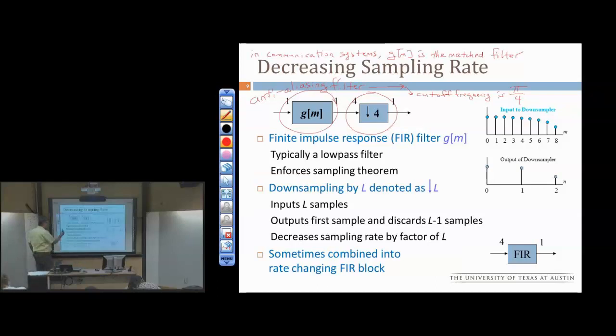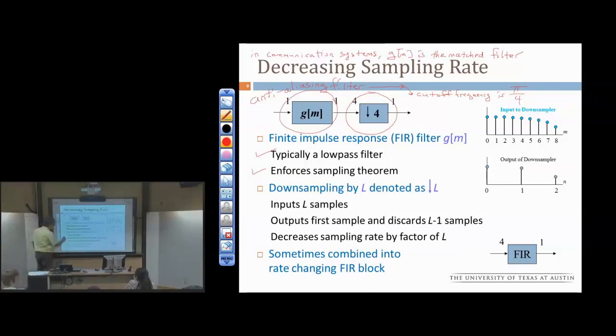So it's going to be a low pass filter. More generally, this is a low pass filter, and it's going to enforce the sampling theorem, because any frequencies at or above 1/4 of this max frequency will alias, for the same reasons as we derived for the upsampling case.